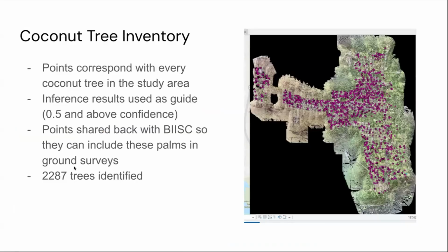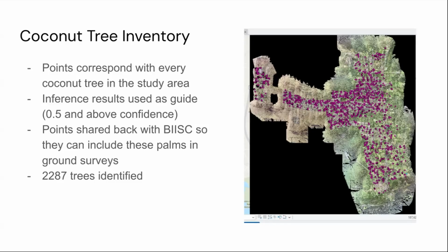Later on, BISC voiced their interest in having a coconut tree inventory, which basically consists of GPS referenced georeferenced points of all the coconut trees in the study area, so they could include them in their long-term monitoring of the area for any increased CRB infestation. So I also ran inference on this orthomosaic to the right, using one of the lab's coconut tree models that was similarly made to my CRB detector.